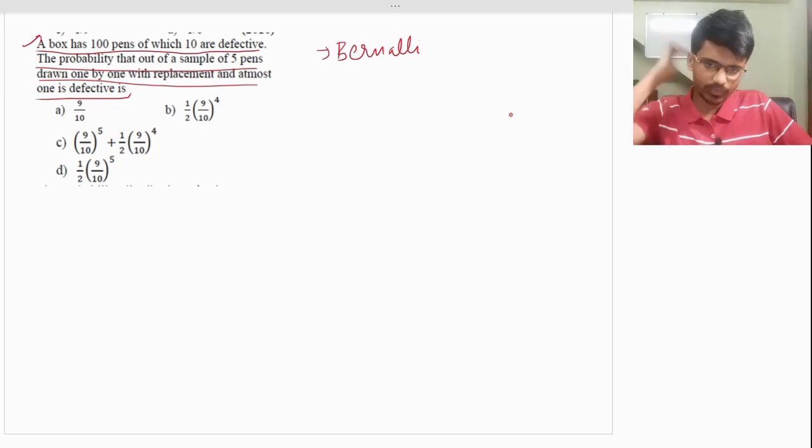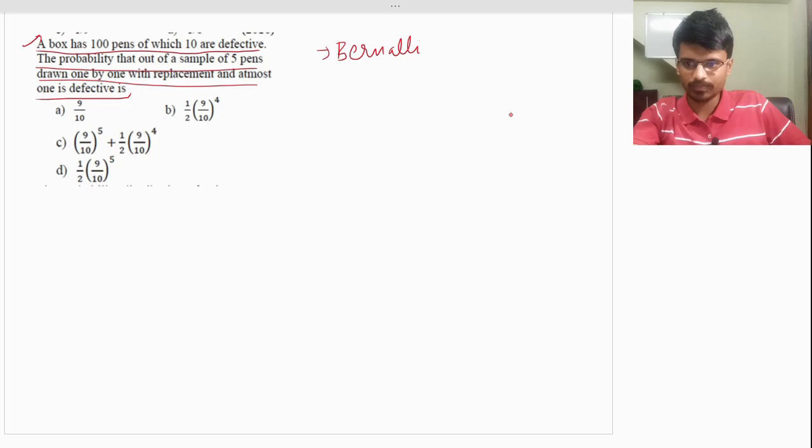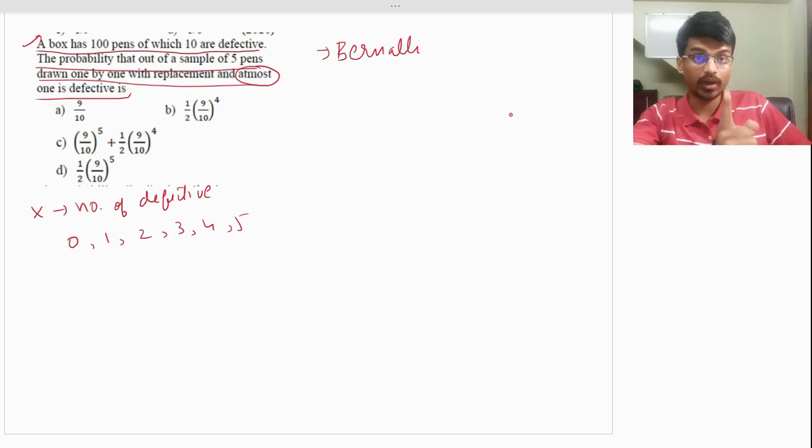So if we take the probability distribution and our random variable X as the number of defective pens, what do I get? We are picking 5 pens, right? So the number of defective pens can be 0, 1, 2, 3, 4 or 5. They are telling us one more thing, that at most one is defective, so maximum only one can be defective.